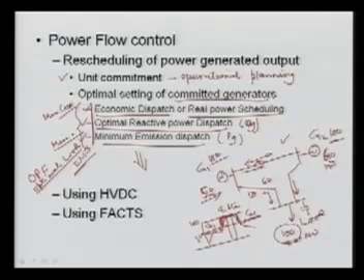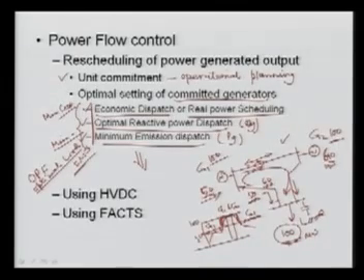We cannot operate continuously above its rating, so we have to use some control mechanism so that we can redivert the power through the other lines and restrict it up to 50 megawatt here. More loading means more losses, and we cannot go beyond the rating, because that will trip your line and then the whole system will be in chaos.